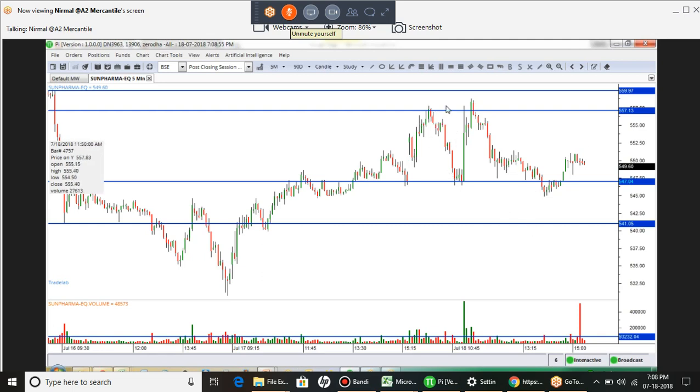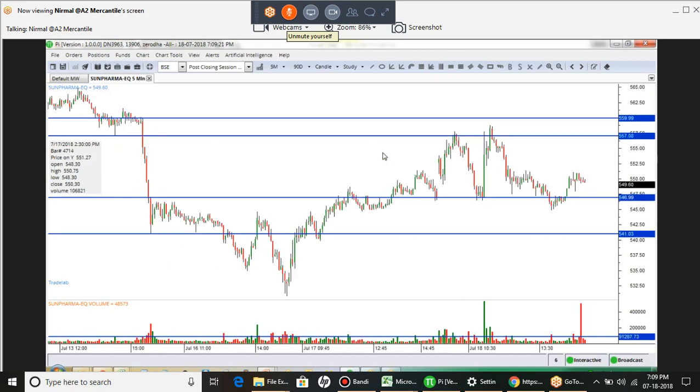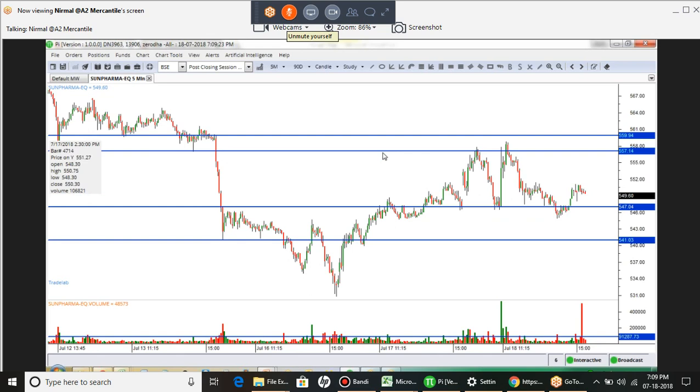Now, during this entire time period, Sun Pharma, which was the strongest stock of yesterday, was still doing what? See, when it came here, it was a sharp movement. It went to the other side. Again, a sharp movement came to the other side. That is what it is doing. It was range bound, absolutely range bound. So this is how you will find out whether a stock is tradable or not tradable. Is this clear?